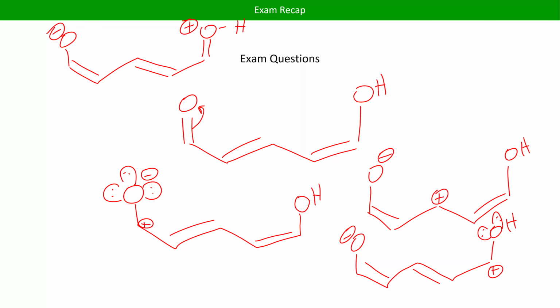This first one is going to be the most stable because there are no charges. And then the last one we drew is the second most stable, because you do put a positive charge on an oxygen, but everything still has a full valence.